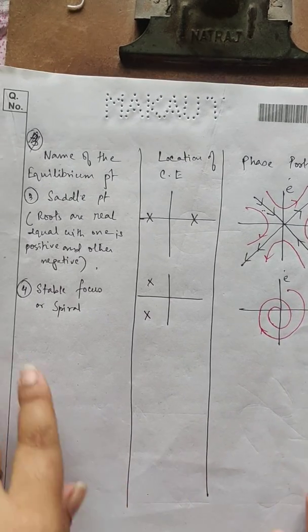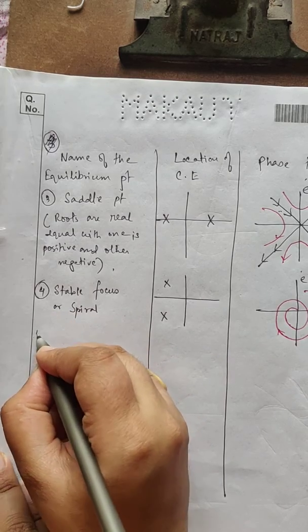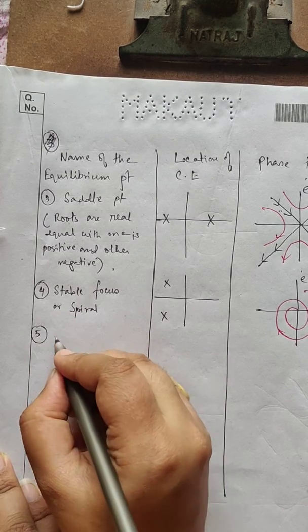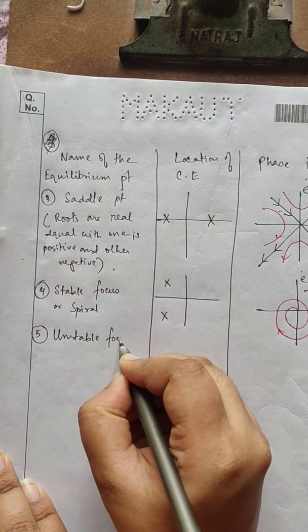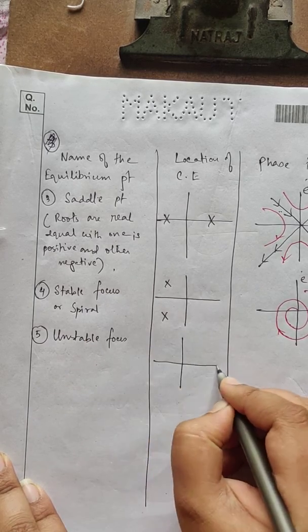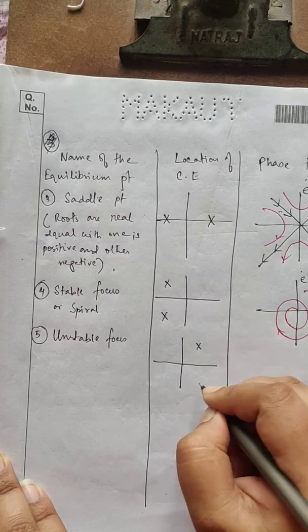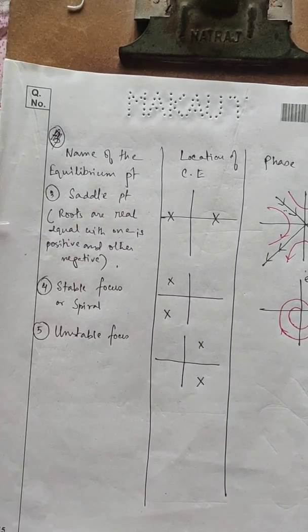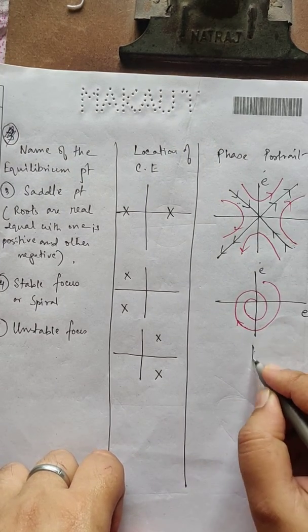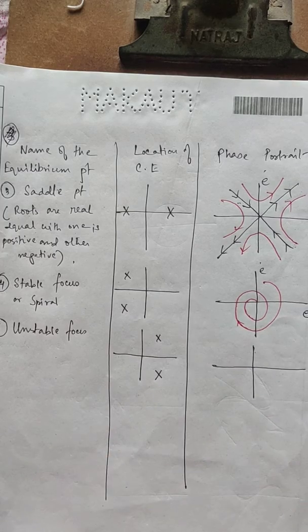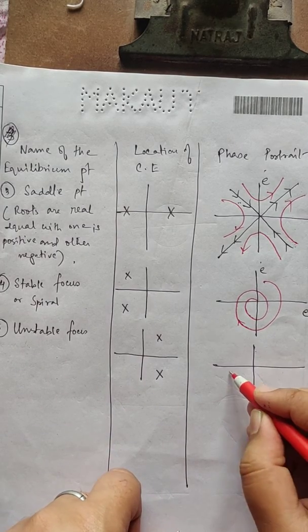Next will be point number 5, which is unstable focus, which is having complex conjugate eigenvalues of the characteristic equation, but with positive real parts. In that case, if we try to draw the phase portrait, it will look the opposite way.